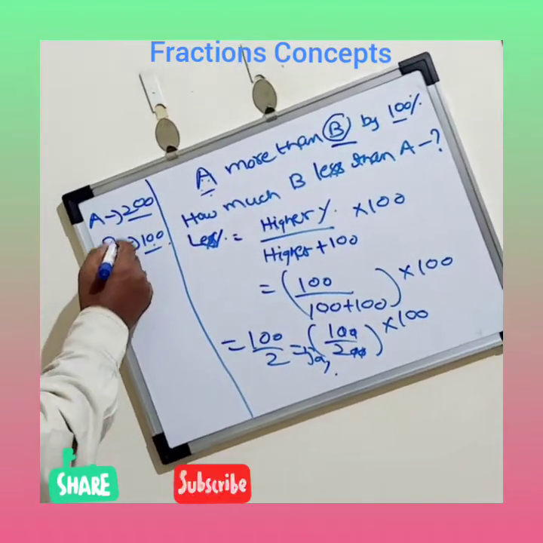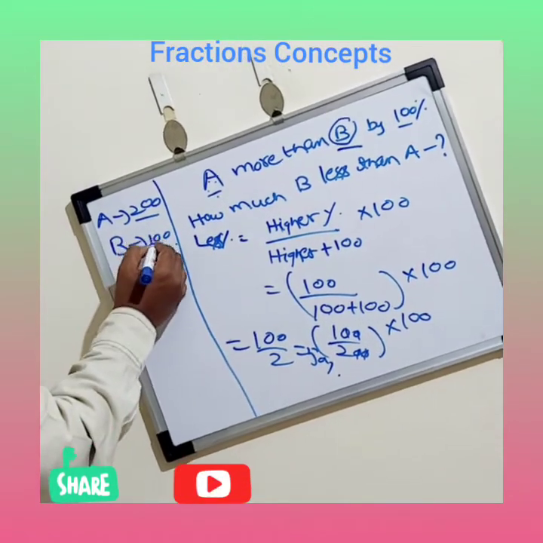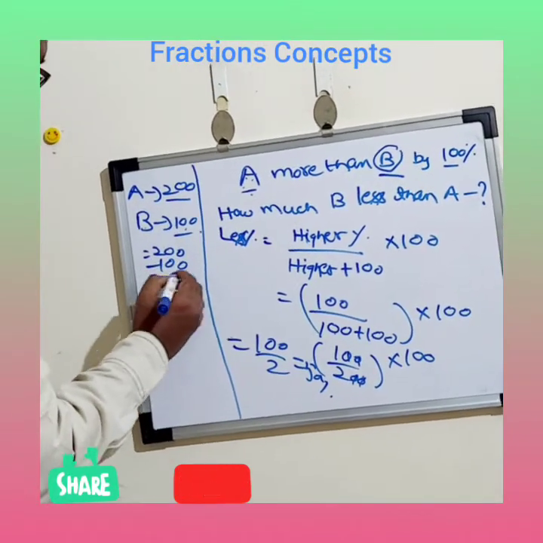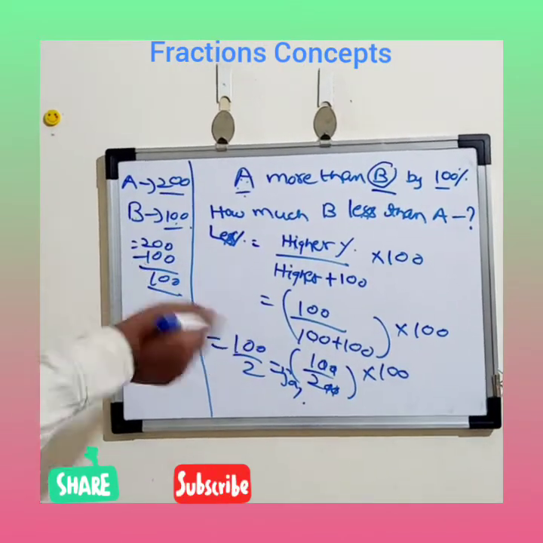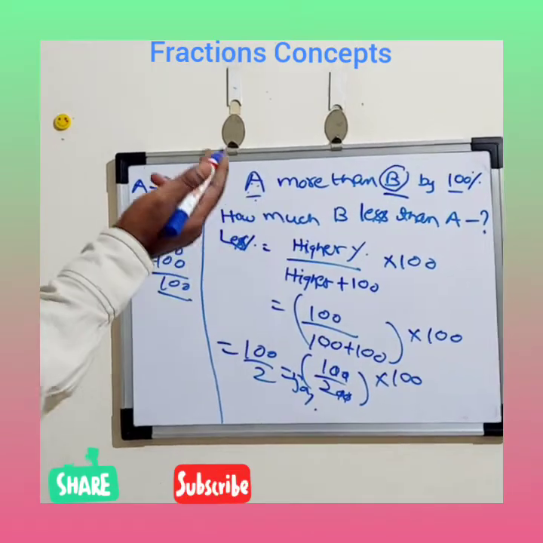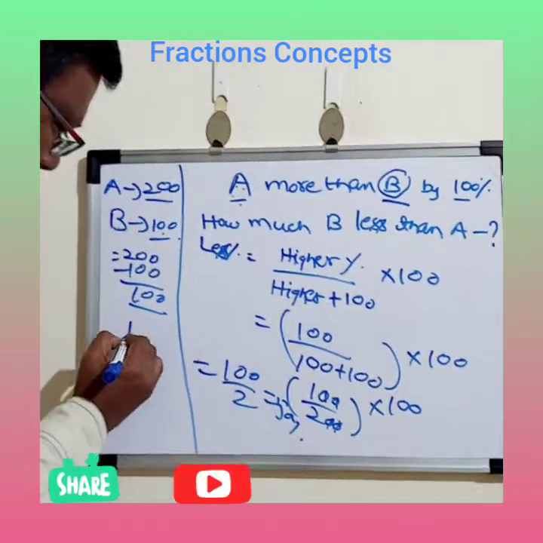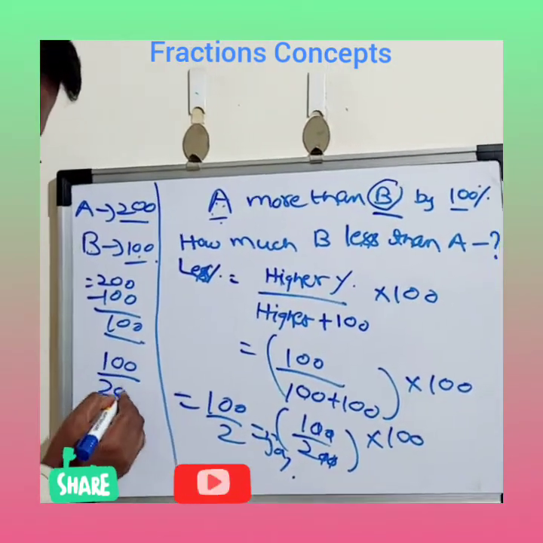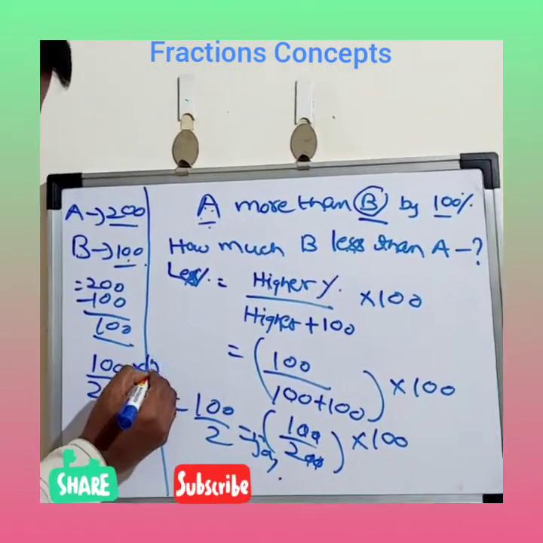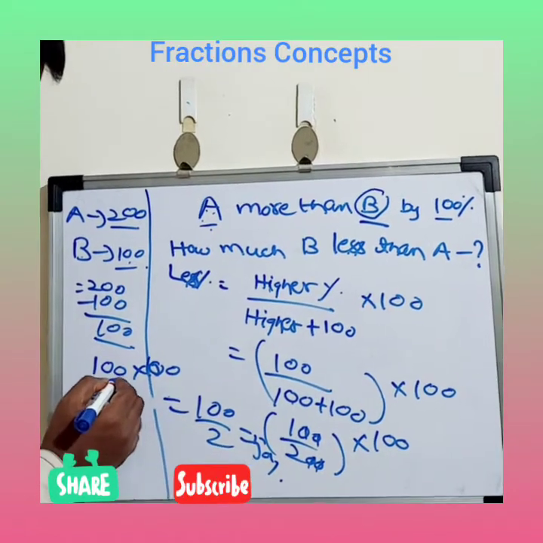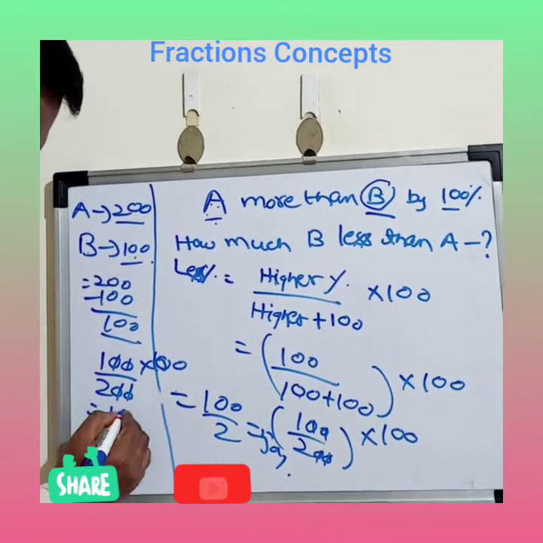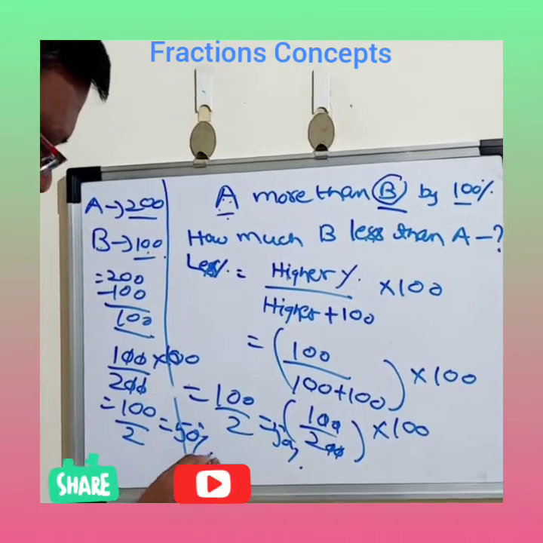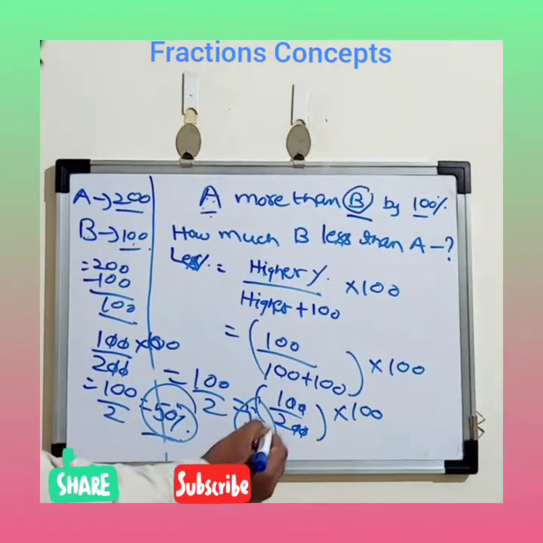So how much is B less than A? 200 minus 100, that is 100 rupees. So how much percentage is B less? The less value by A's value, into 100. The zeros cancel. That is 100 by 2, so the less percentage is 50%. So this answer is matching.